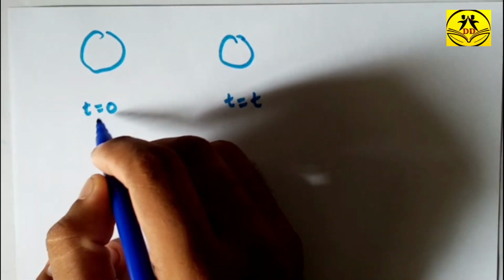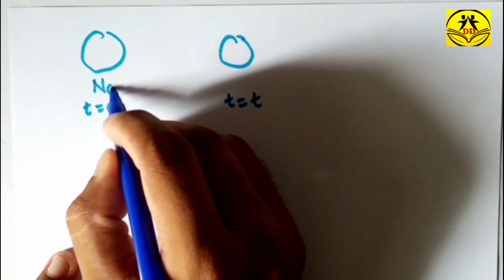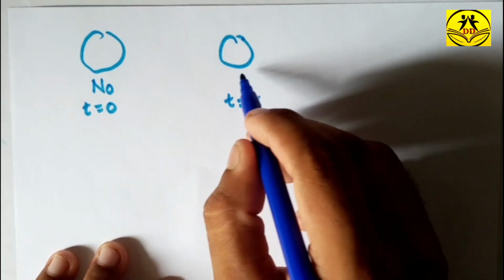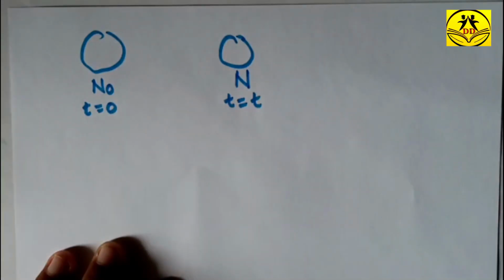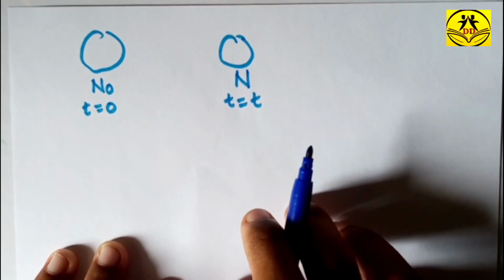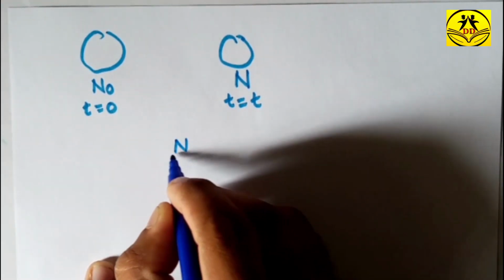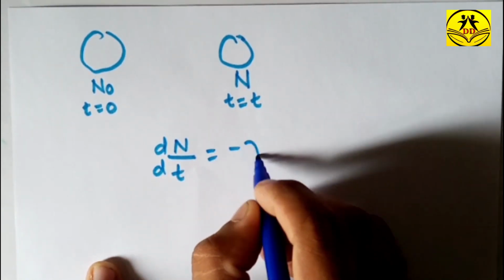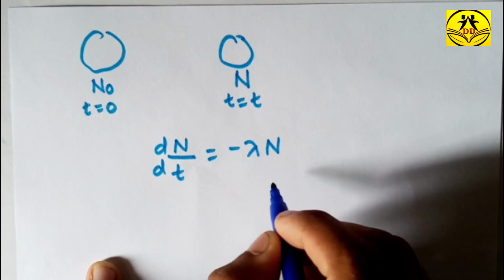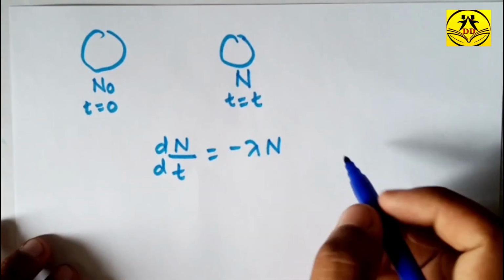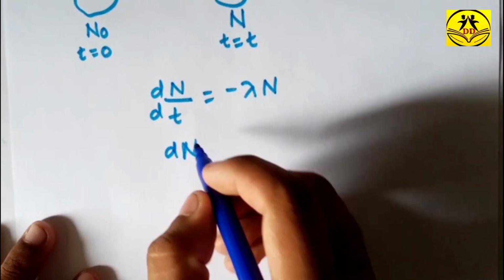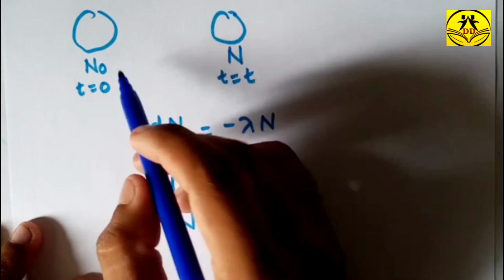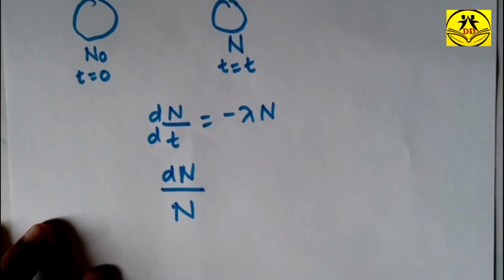If we consider, for instance, the number of radioactive nuclei in the sample at t equals 0 to be N naught, and after a certain amount of time t the number of radioactive nuclei present in the sample is N, we'll try to build up an equation. We can write the previous equation, and by using a mathematical process called integration we can find an equation to represent it using only these values.